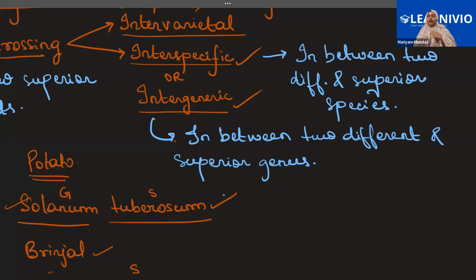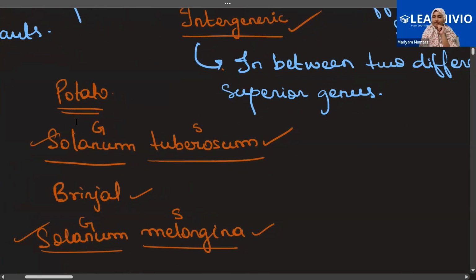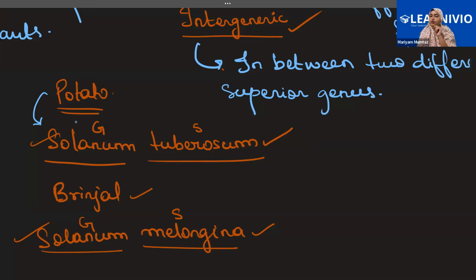See, every organism, whether it is a plant, an animal, or a human being, all of us belong to a different kind of genus and species. For example, the scientific name of potato is Solanum tuberosum, wherein Solanum is the genus of potato and tuberosum is the species of potato.